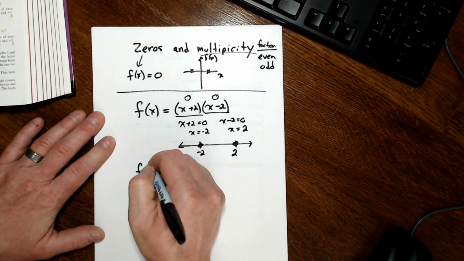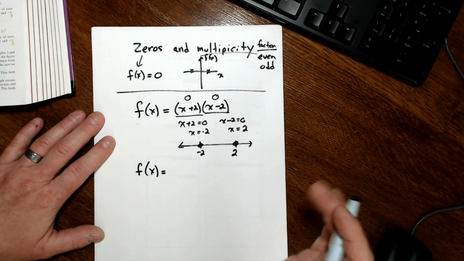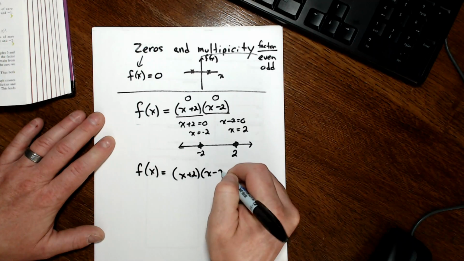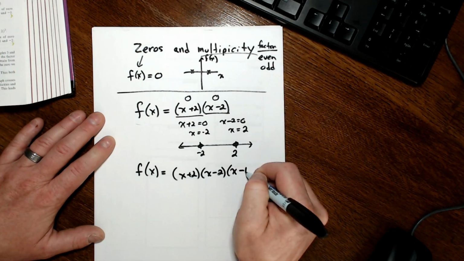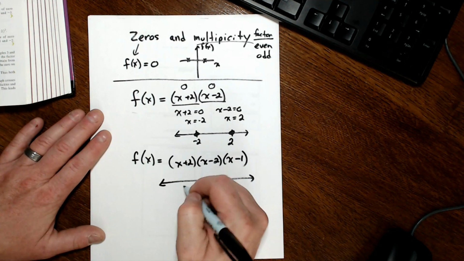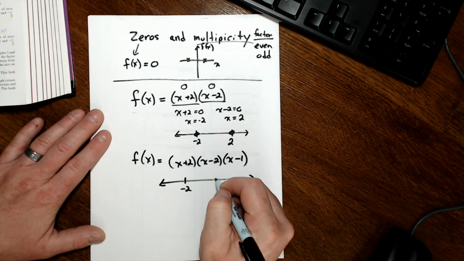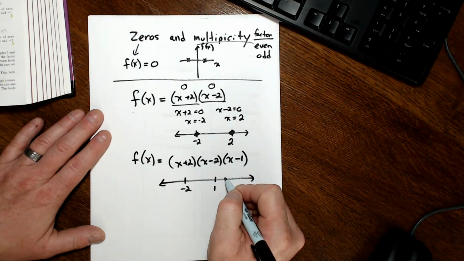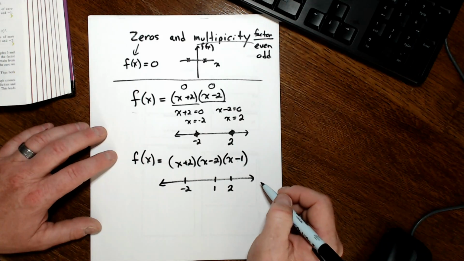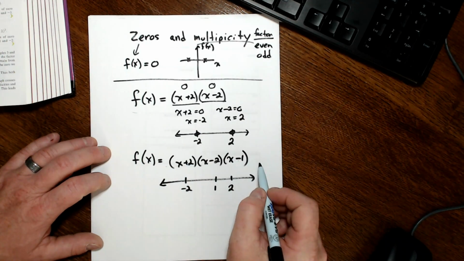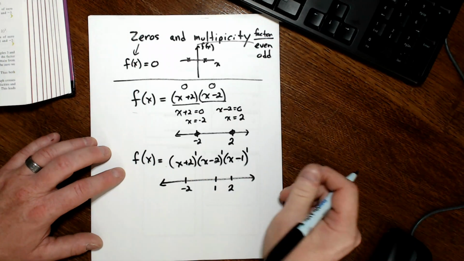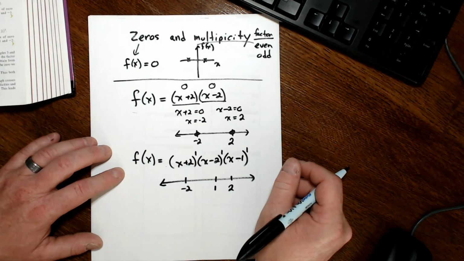Now, let's say I had a function where I had more factors. That just means that I have 3 zeros. I'm going to have minus 2, I'm going to have positive 1 from up here, and I'm going to have positive 2 from right here. All of these factors here have a multiplicity of 1, meaning that their exponent here is equal to 1.